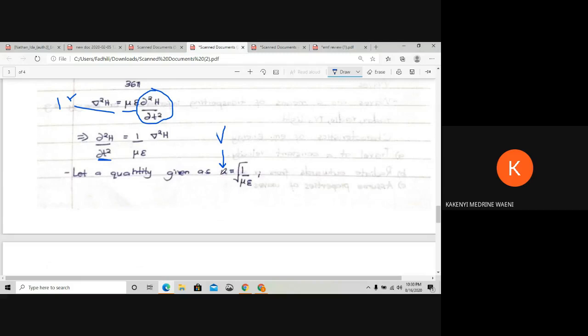Velocity is equal to the square root of 1 over mu E. So U is equal to the square root of this.